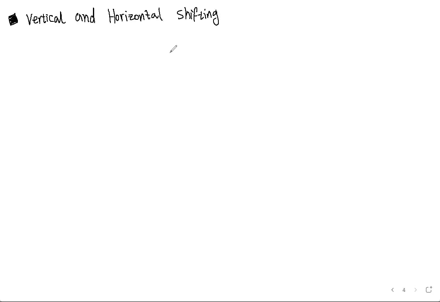First of all, I'm going to give you the properties for vertical and horizontal shifting. Then I'm going to explain the rules.